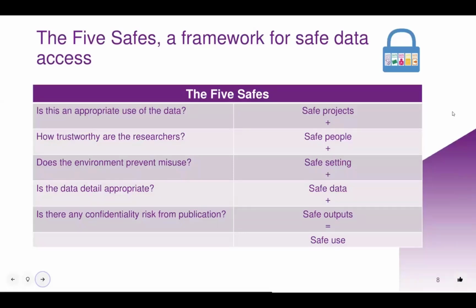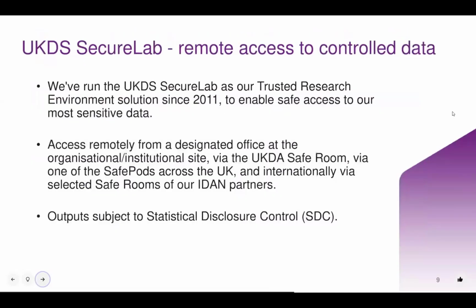Last but not least, safe outputs. All outputs are checked. They go through statistical disclosure control to ensure that there is no confidentiality risk arising from the publication. So once all those safes are in place, data owners can be confident that the data remain confidential, and researchers can be happy that they can use such valuable data sets.